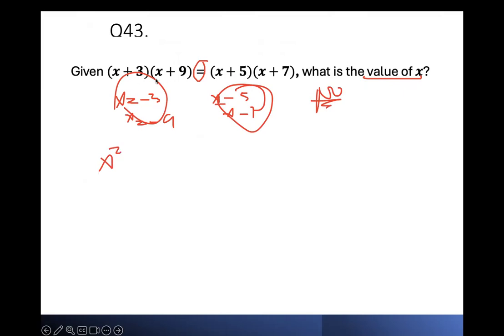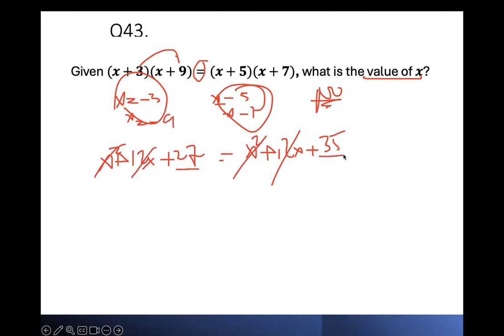You're going to add the two numbers, the sum of the factors, which is 12x. Then you're going to multiply them, it's going to be 27. Let's see if it's equal to, you're going to have x squared, you're going to add this, it'll be 12x. Then you're going to multiply them, 35. Well, this is going to cancel.